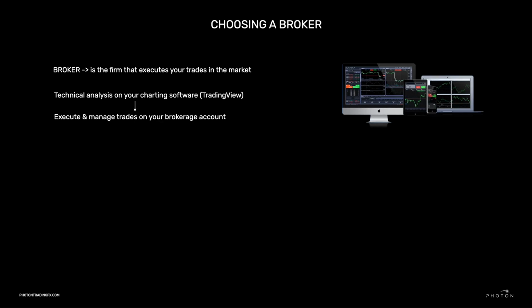Another, more minor reason is that if you are drawing your analysis on your broker's charts, it can be a lot easier than you may initially think to accidentally alter your trade orders or even cancel or exit a trade by mistake. So it's just best to keep them completely separate, in my opinion.